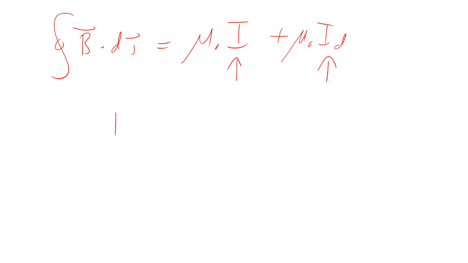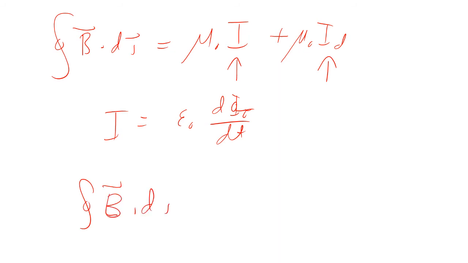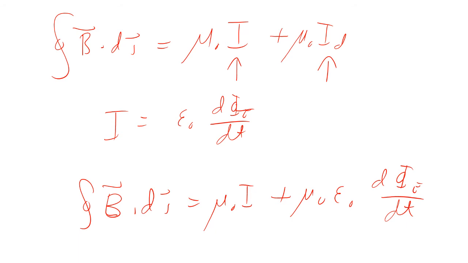Well, we now know that displacement current is going to be epsilon naught times the derivative of the flux. And so you plug that in, we got integral B dot ds equals mu naught I plus mu naught epsilon naught, the rate of change of the electric flux.